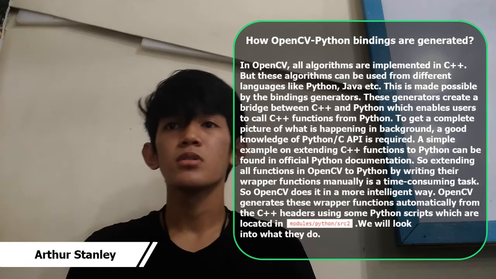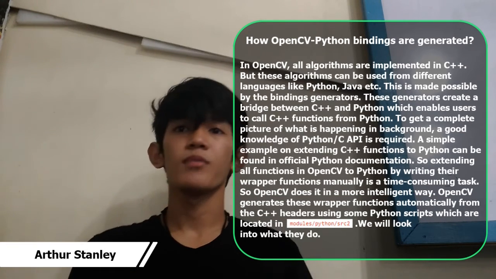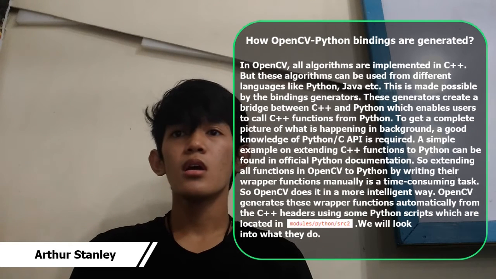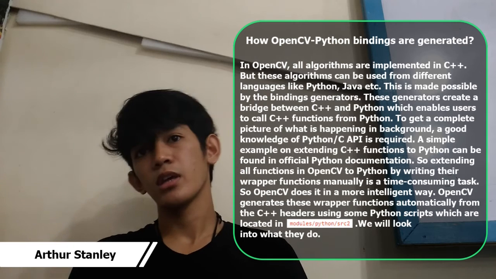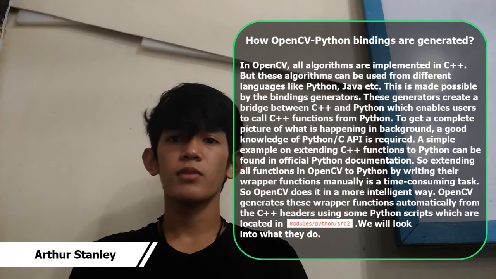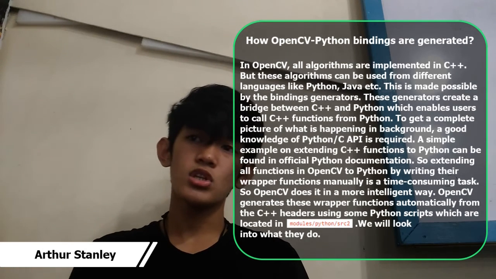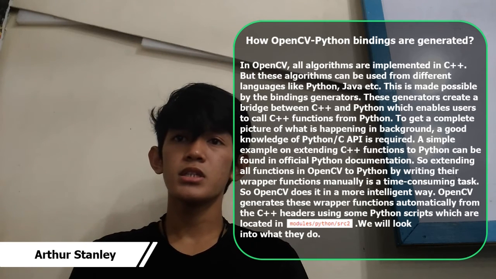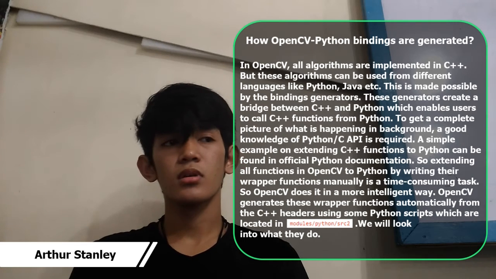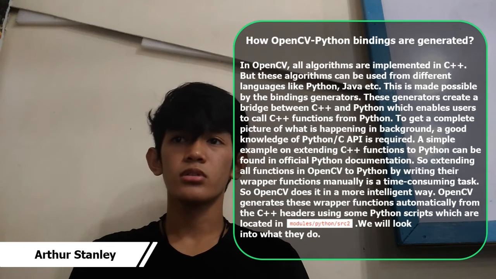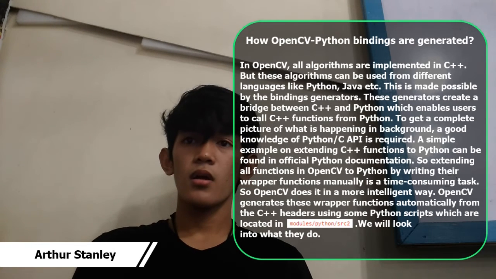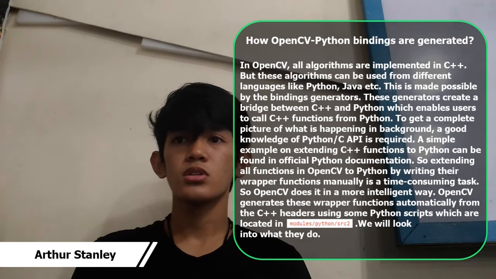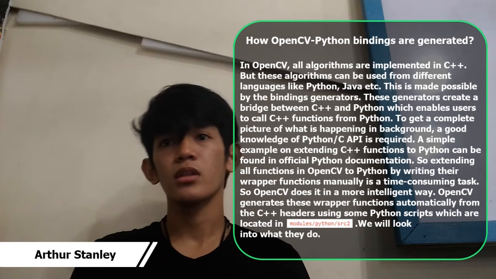So how are OpenCV Python bindings generated? In OpenCV, all algorithms are implemented in C++, but these algorithms can be used from different languages like Python, Java, etc. This is made possible by the bindings generators. These generators will create a bridge between C++ and Python, which enables users to call C++ functions from Python.